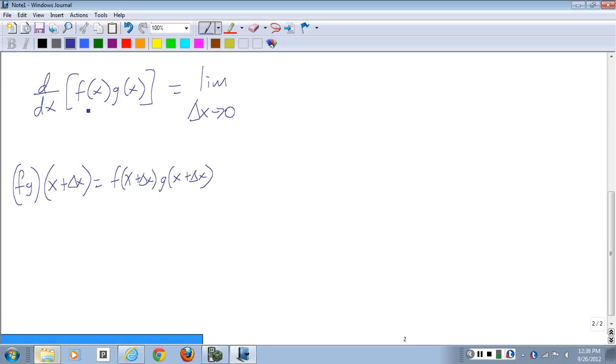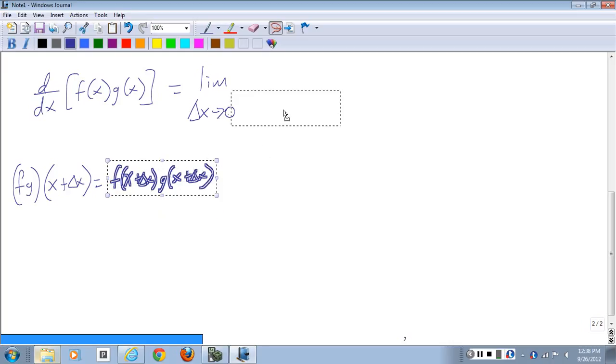So although it's kind of written like this, f of x times g of x, literally that's the product function. So if I want to evaluate the product function at x plus delta x, that's what it's going to look like.